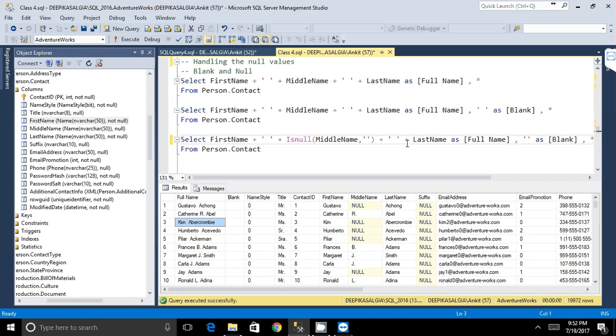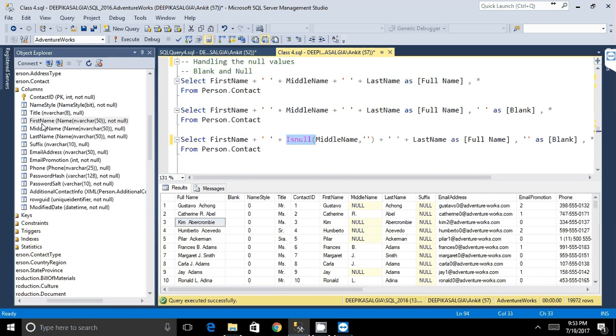So what you can do is always look at the table and look at the first name and the last name. What does it say? It says the first name is not null. When the first name has a not null value, it means you don't need to introduce the isNull concept.